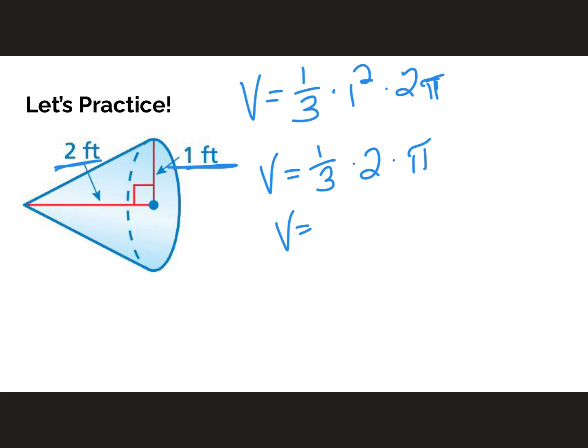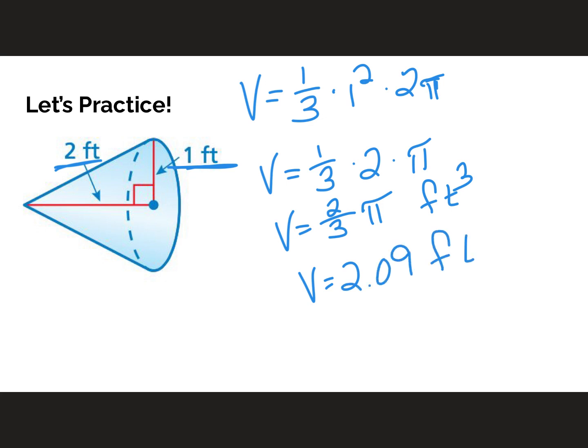Our volume is 2/3 of pi. Again, this is in feet cubed. If we wanted to do this more exactly, we can put it in our calculator, 2/3 times pi, which gives us approximately 2.09. Volume is approximately 2.09 cubic feet. Okay, let's try another one.